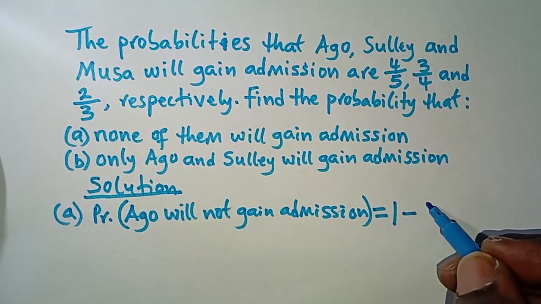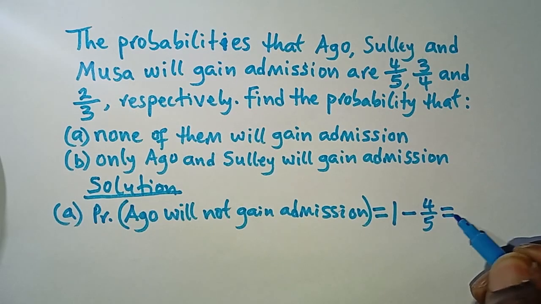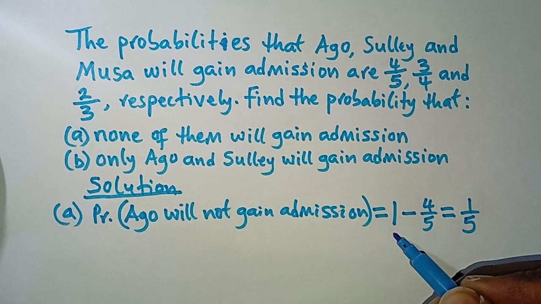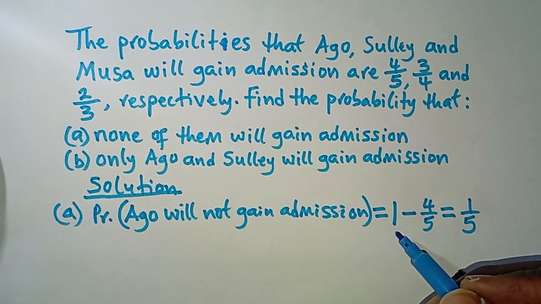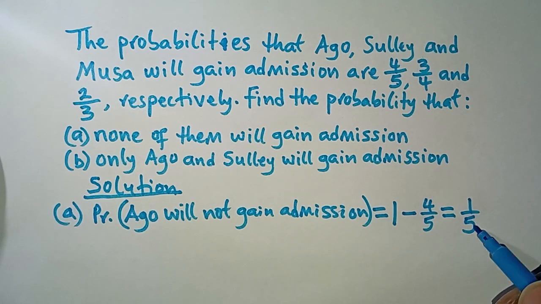So we're going to say 1 minus 4/5. And 1 minus 4/5 is simply 1/5. Don't forget, this is like 1/1. So you are taking the LCM as 5. So you say 5 multiplied by 1, then minus 4, and that will give us 1/5.